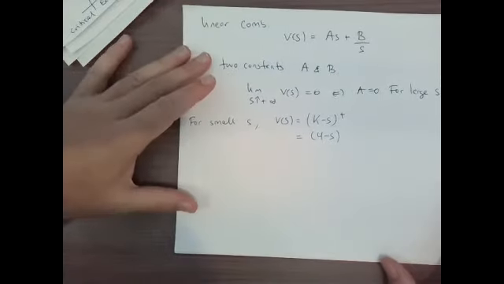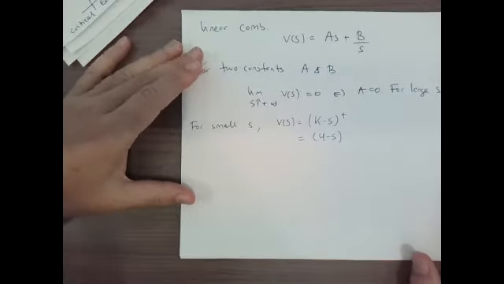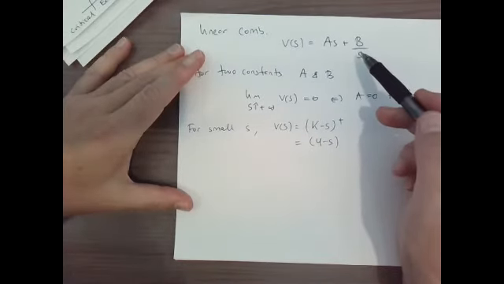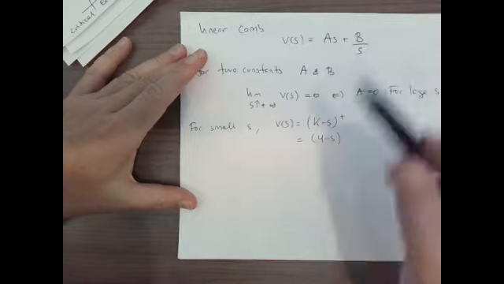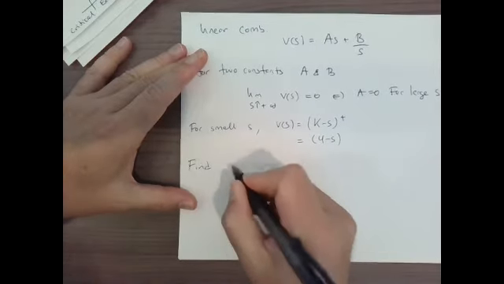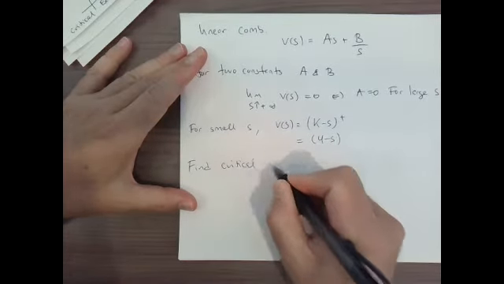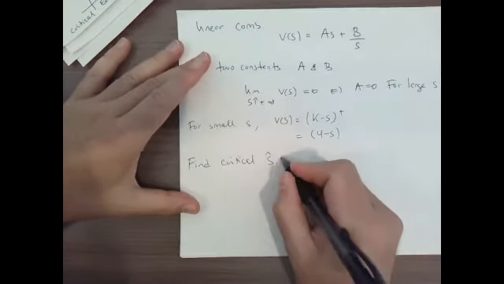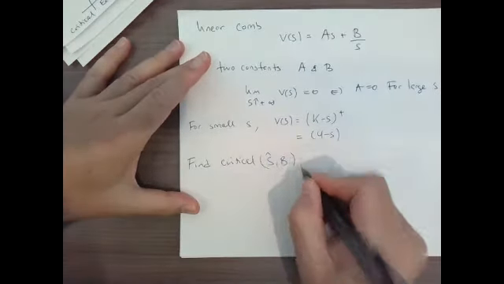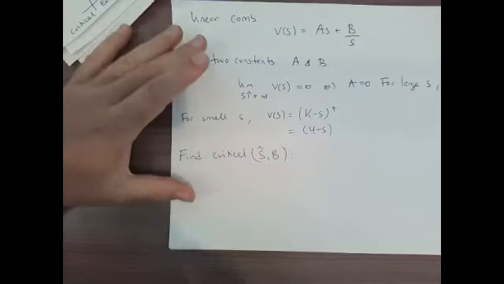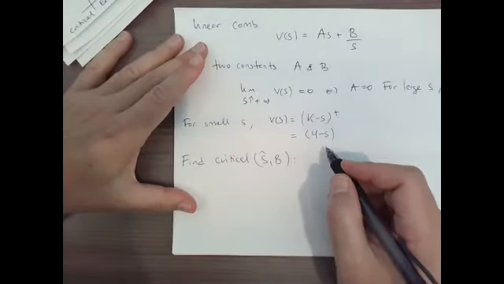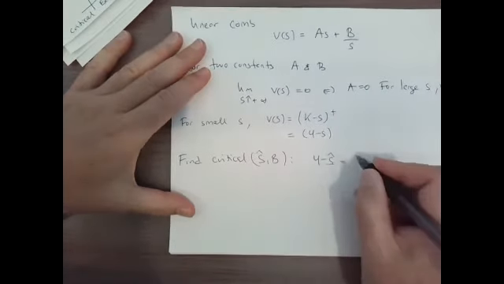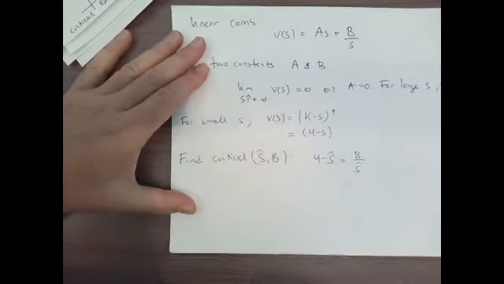Then we equate. There's going to be some critical value where it goes from being what it is here to being what it is up here. We want to find a critical s hat and maybe a b, such that when I do 4 minus s hat, I'm going to get exactly b divided by s hat.